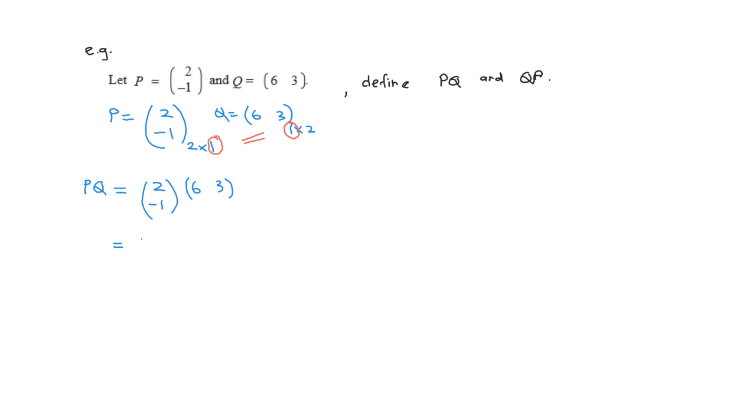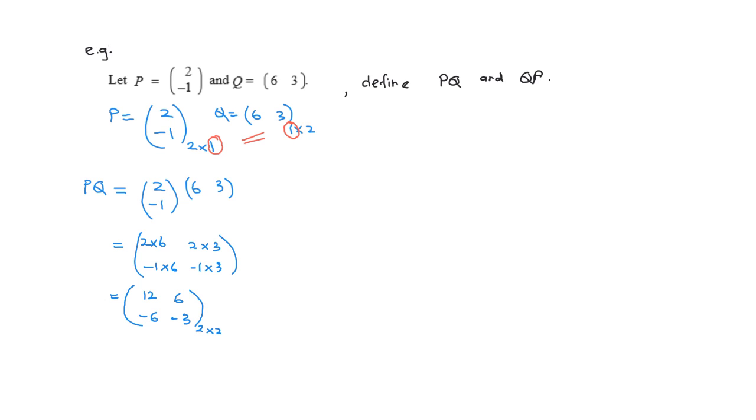Let's see. 2 into 6 and 2 into 3, and minus 1 into 6, minus 1 into 3. So you have 12, 6, minus 6 and minus 3. This is PQ. Order here 2 by 2.